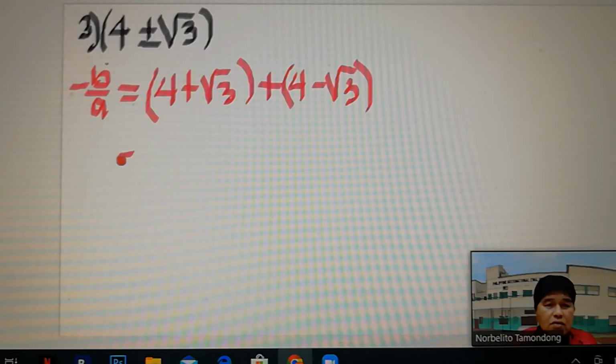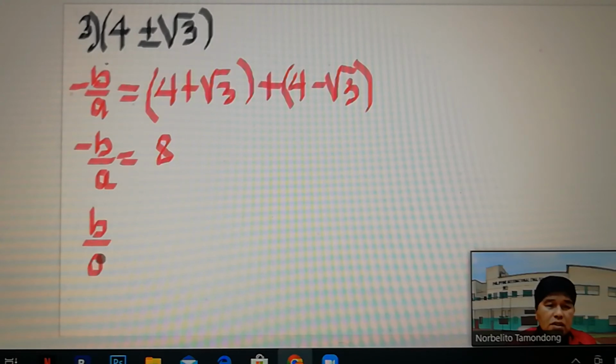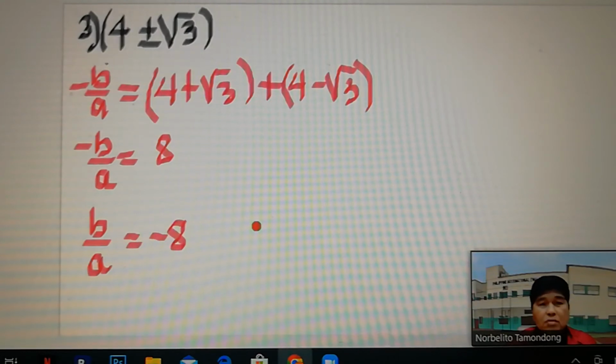Add the integer part, so 4 plus 4 is equal to 8, while the irrational parts are conjugates. One is plus, one is minus, the sum of that is equal to 0. So your negative b over a is equal to 8. If negative b over a is equal to 8, then b over a is simply the opposite of 8, which is equal to negative 8.